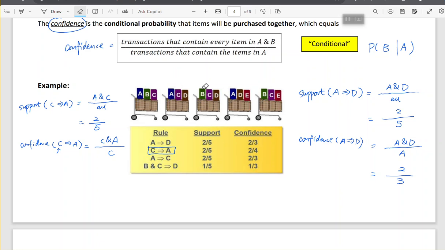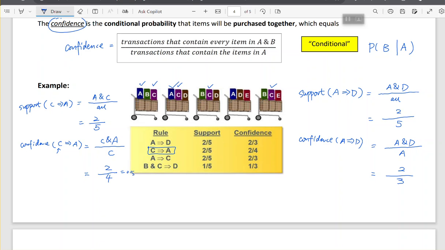Okay, so in this case, first we need to know how many transactions include C. That means this customer already bought C, right? That will be totally out of 4. How many of them also go and buy A? This one, anything else? No, so that would be 2 out of 4, which is 0.5.